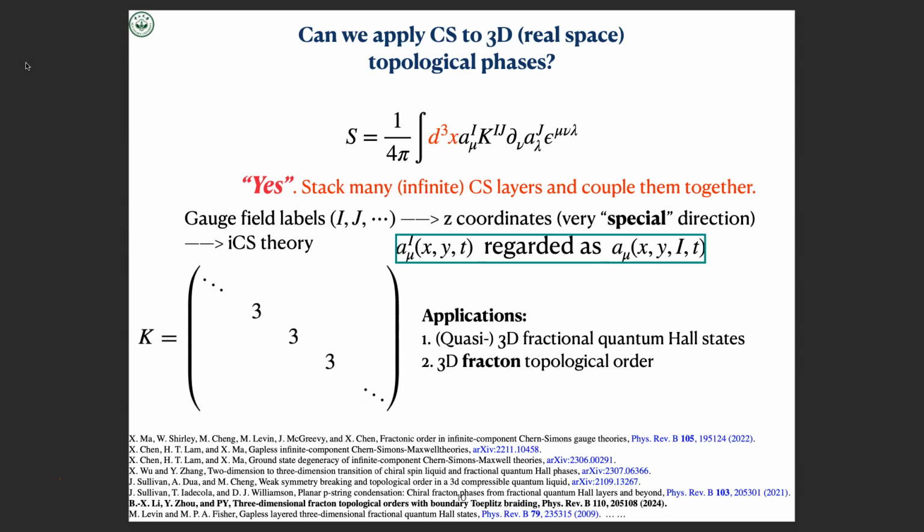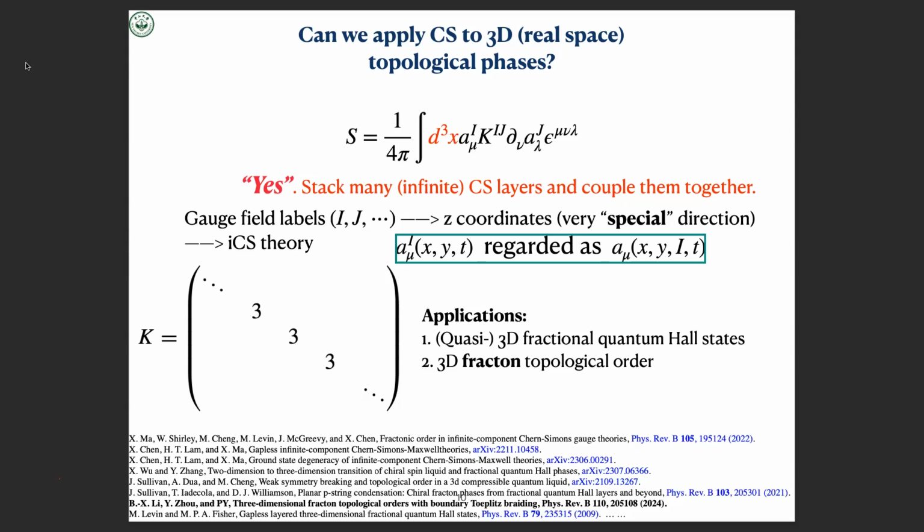The simple example is this trivial stacking of the 1/3 Laughlin state. Although formally we still have this action, this ij we need to reinterpret as the coordinate along the z direction. So now it's intrinsically a 3+1D theory, right?